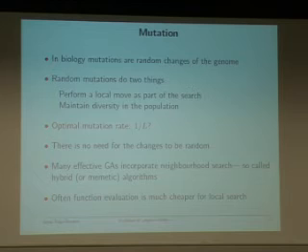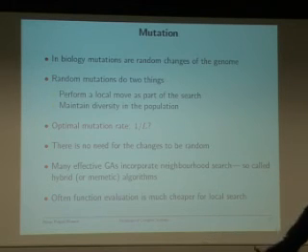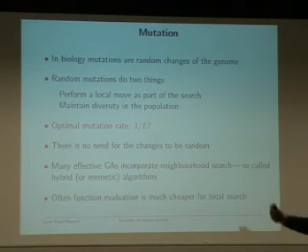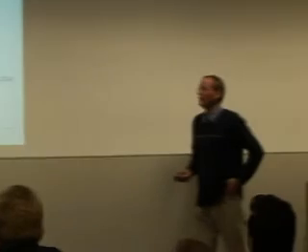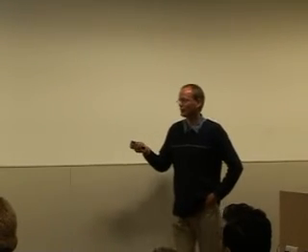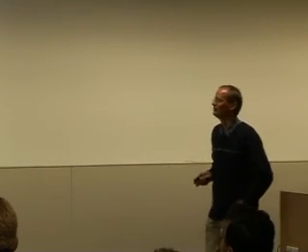Clearly it depends on your string size, and you probably should be doing ones that change a small number of things in your string. So there's some sort of theoretical arguments, so I'll show you a model where actually the mutation rate has nothing to do with 1 over L, but by coincidence 1 over L seems to be quite good for most of the parameter ranges that you're interested in.